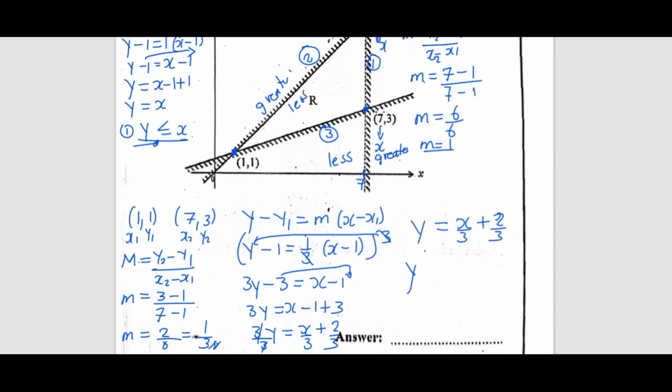For our final answer, we put the inequality. The above is greater, so we have y greater than or equal to x over 3 plus 2 over 3.